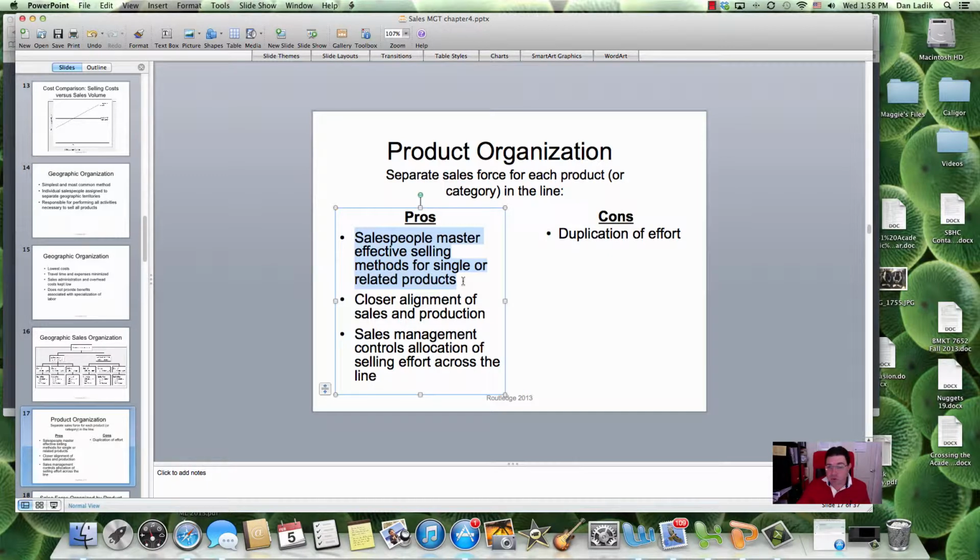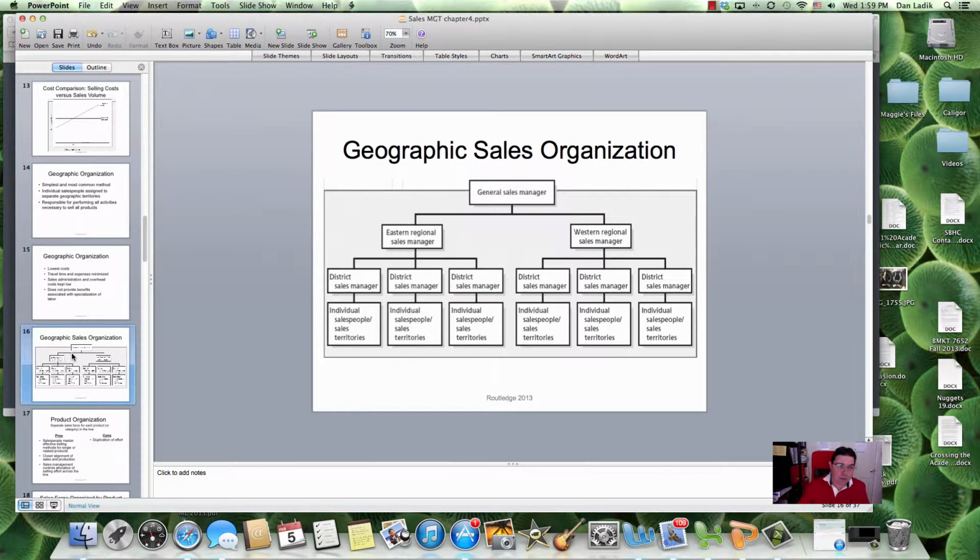A cancer drug is not the same as, oncology drugs are not the same as like respiratory, which is not the same as, I don't know, think of another disease. So it does allow for better specialization. The downside to it is there could be a lot of duplication of effort. Let's take a look at the chart.